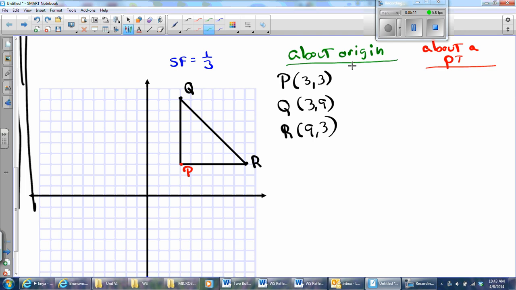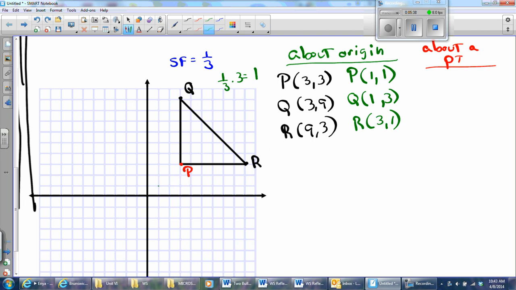Okay, so the new points will be 1, 1; 1, 3; R will be 3, 1. How did I get that? Well, I multiplied 1/3 times 3. 1/3 times 3 is 1. 1/3 times 9 is 3. All I did was multiply the coordinates.